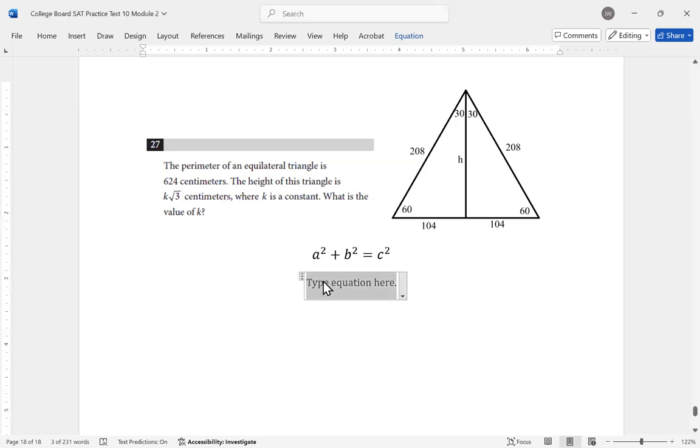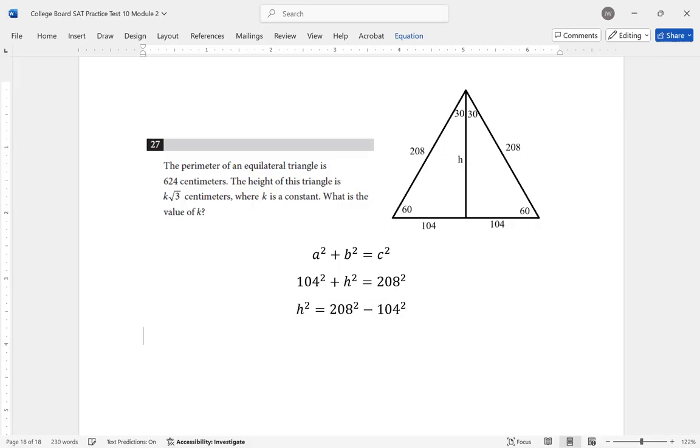So what we can do is say, take 104 squared plus my height squared is equal to 208 squared. And so my h squared is going to be 208 squared minus 104 squared.